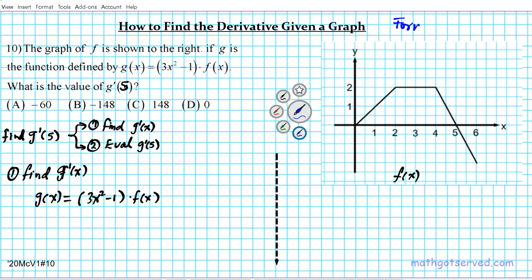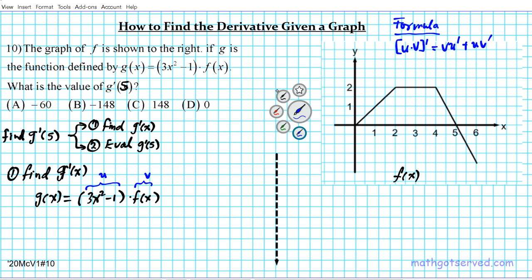Okay, so let's review what the product rule is again real quick. If you have the product of two functions and you want to find the derivative, it is vu prime plus uv prime. Alrighty, so in this particular situation, this quadratic binomial will be our u, and the function f of x will be our v.